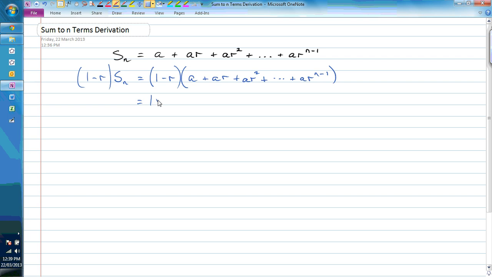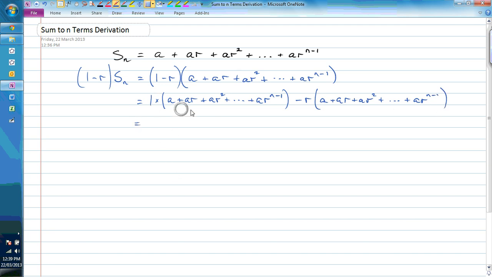So I'm going to write it as 1 times this guy, a plus ar plus ar squared plus dot dot dot plus ar to the n minus 1. Then I'm going to do my minus r times the same thing. A plus ar plus ar squared plus dot dot dot plus ar to the n minus 1.